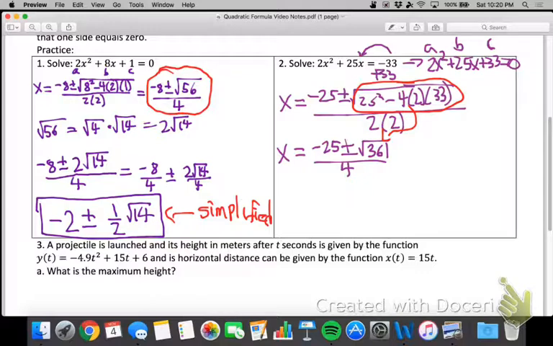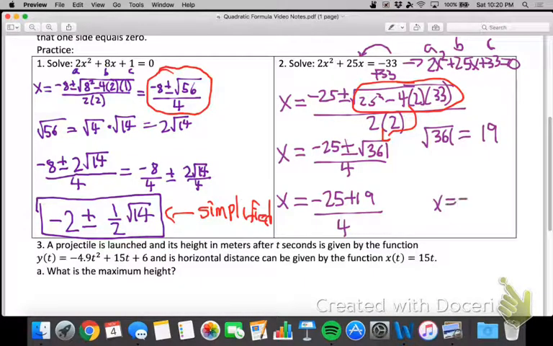The square root of 361, if you type it in your calculator, is equal to a perfect 19. Now we can simplify this further, and I'm going to split up my plus or minus into negative 25 plus 19 over 4, and then negative 25 minus 19 over 4.